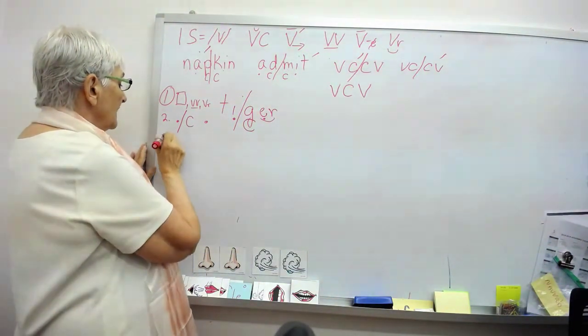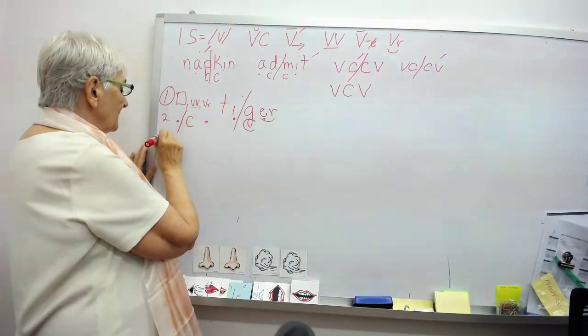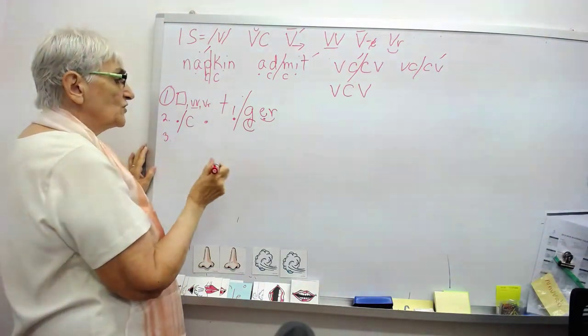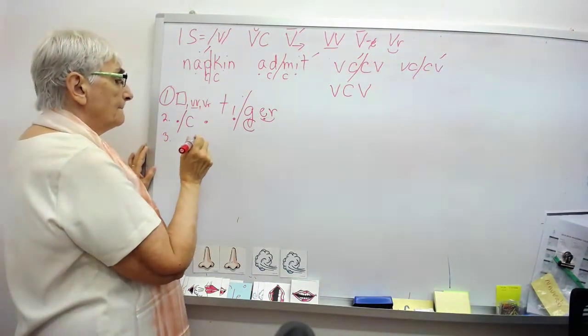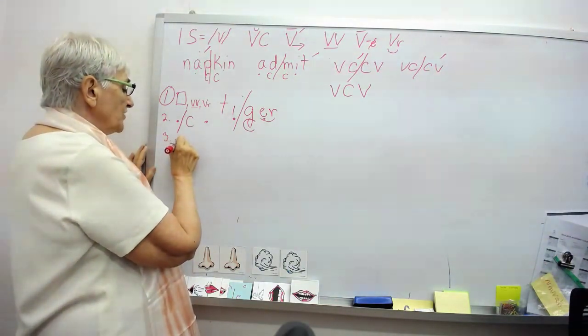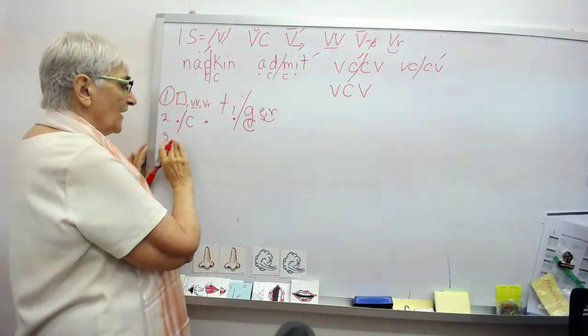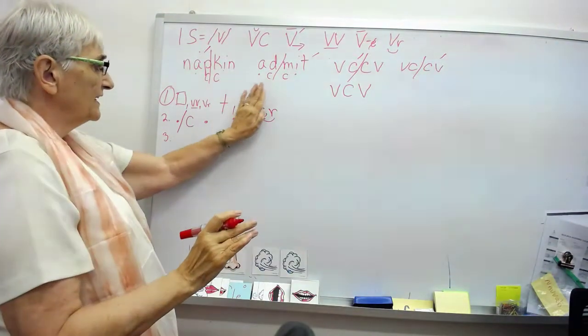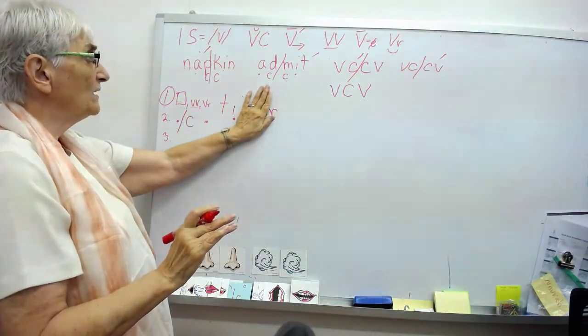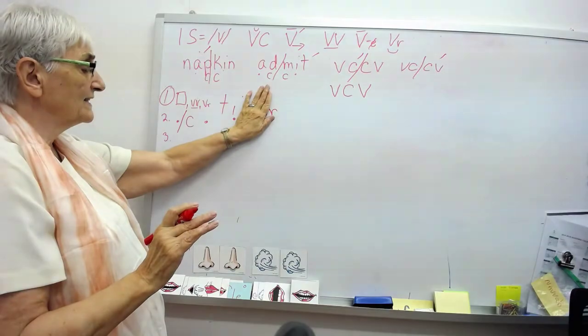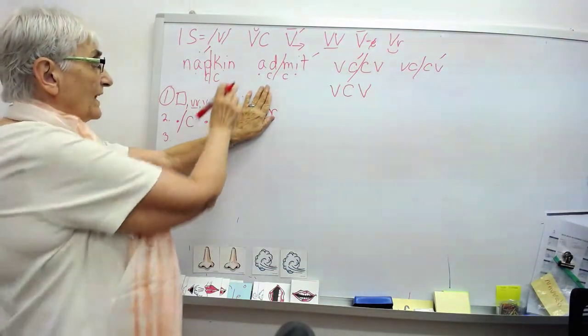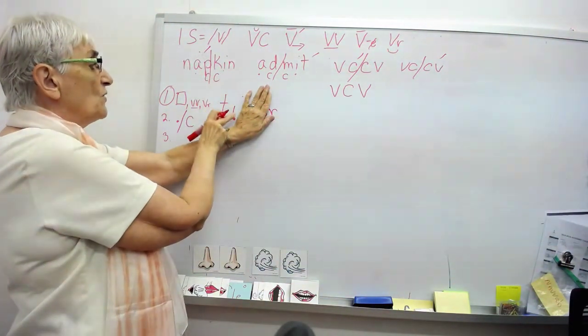Now, my next step is to code my vowels. So what do you see on this first syllable? Let's look at the pattern, and you tell me which type of syllable this is. Well, it can't be this because there's no consonant there.